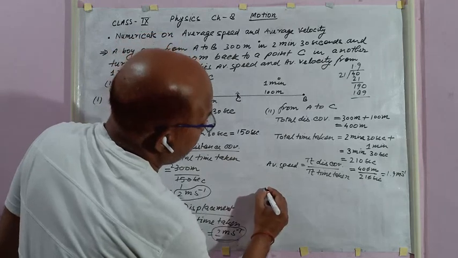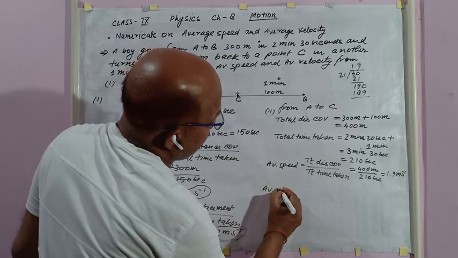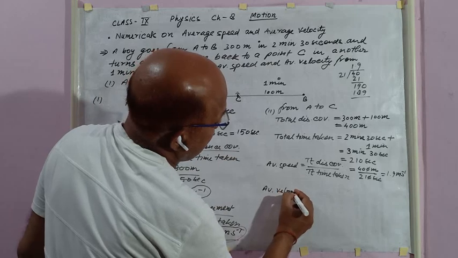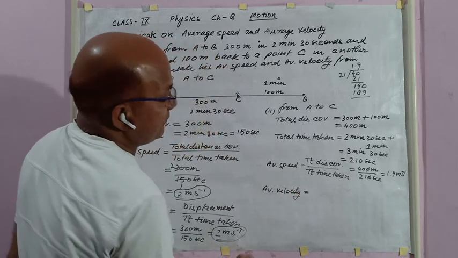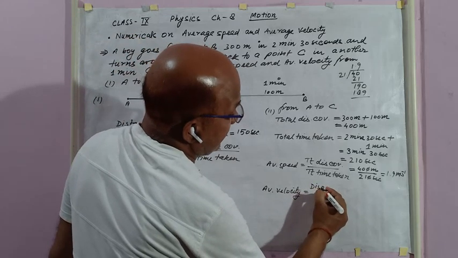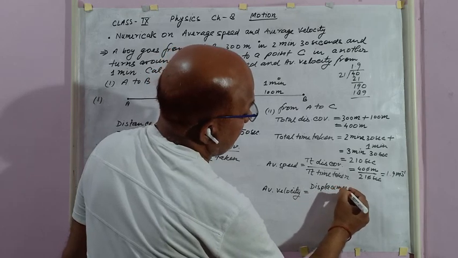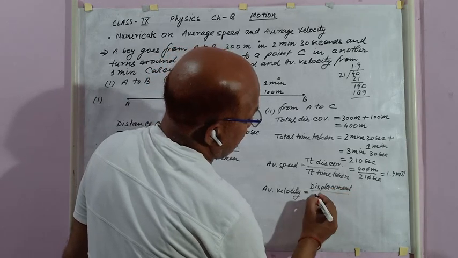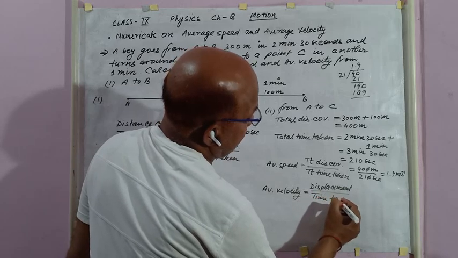Now average velocity. As you know, average velocity is equal to displacement upon total time taken.